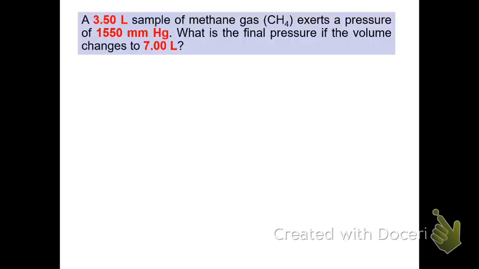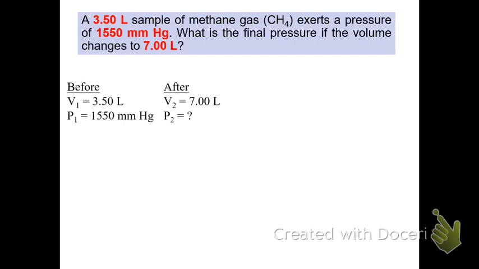So let's look at this one example here. A 3.50 liter sample of methane gas exerts a pressure of 1,550 millimeter mercury. What is the final pressure if the volume changes to 7 liters? All right, so this is what's given, right?